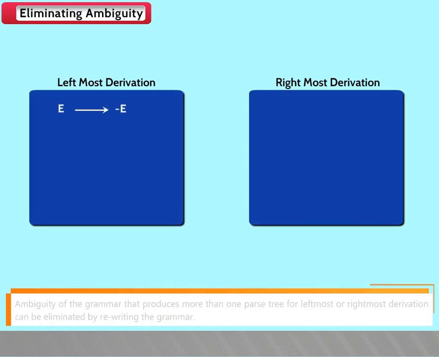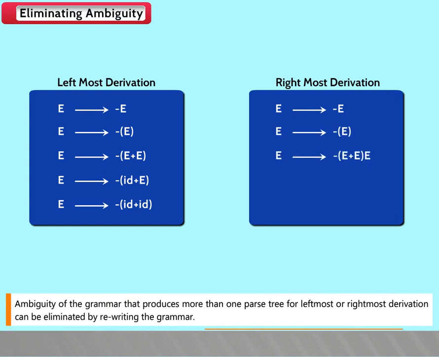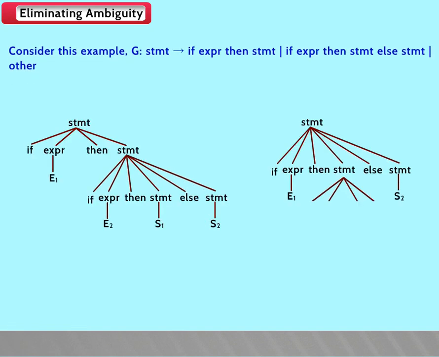Eliminating ambiguity. Ambiguity of a grammar that produces more than one parse tree for leftmost or rightmost derivation can be eliminated by rewriting the grammar. Consider this example.